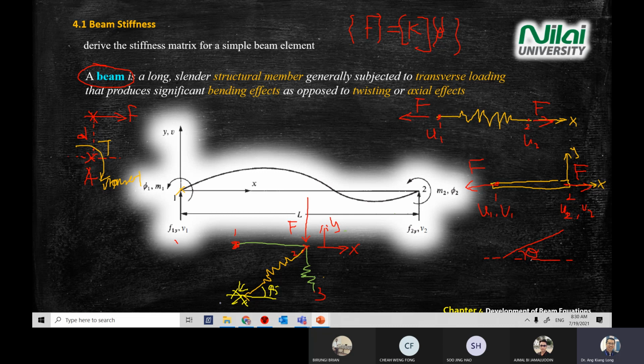So for this element, you only look at the purple color plane. So you need to split this force like this, so that the only force that can act on this spring is in this direction. This is the force converted from F, which is F cos 45.